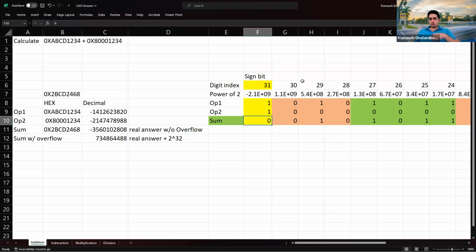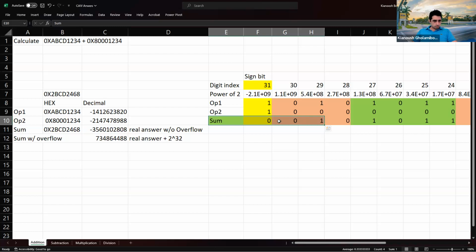If you add 2 negative numbers and the result is positive, or the opposite, if you add 2 positive numbers and the result is negative, that means you have an overflow. In this case, as you see, operands 1 and 2 are negative, but the sum is positive. Because of this, you can say we have an overflow.